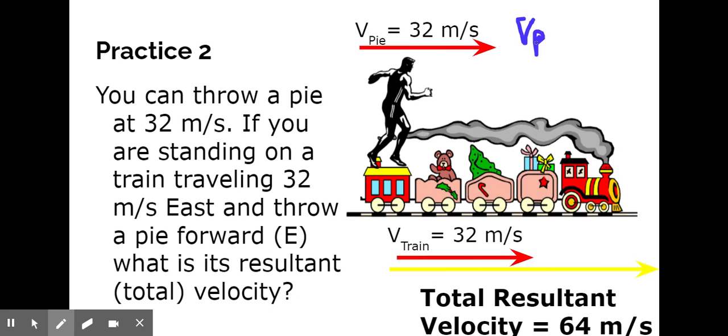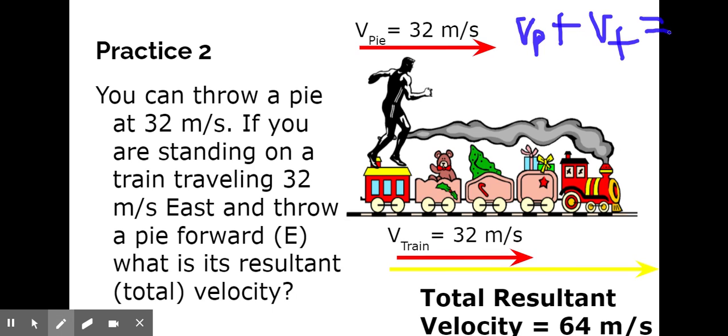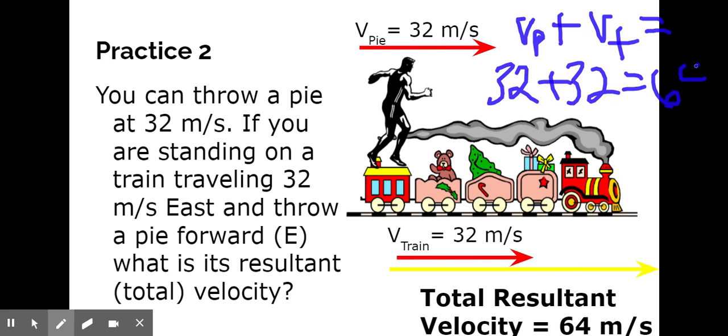So we have v pie plus v train, and that's going to give us our resultant. 32 plus 32 is 64.